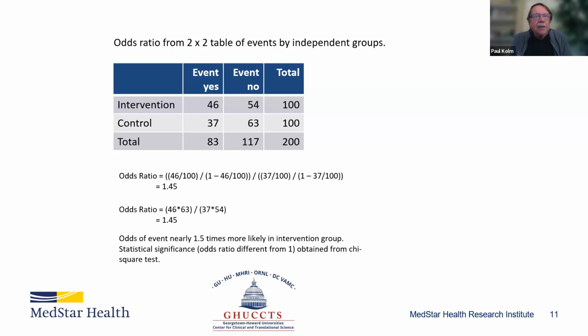And so what this means is the odds of event are nearly 1.5 times more likely in the intervention group. And whether this is statistically significant or not, we can get from just doing a chi-square for the 2x2 table. And statistical significance for an odds ratio means that it's different from 1.